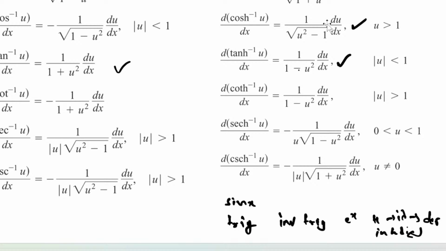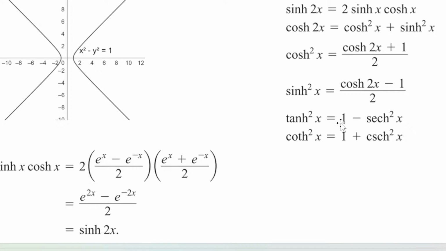Sir, for tan inverse, tan h inverse, what do we do? We just use the same thing. Tan h y equals x. Then tan h square and sec h square are related again. See, these are related, no?